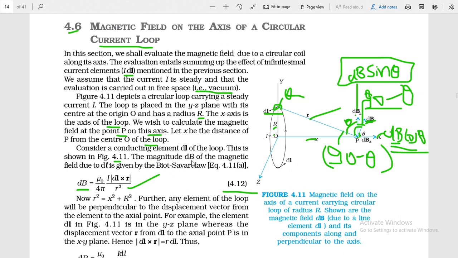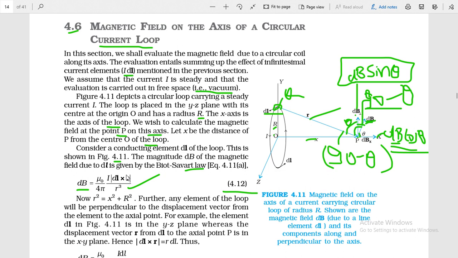Then the magnetic field dB due to the element dl is given by the Biot-Savart law, equation 4.12: dB is equal to mu naught upon 4 pi, I dl cross r, upon r cube.